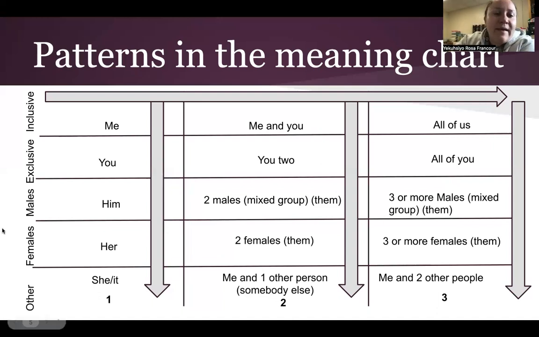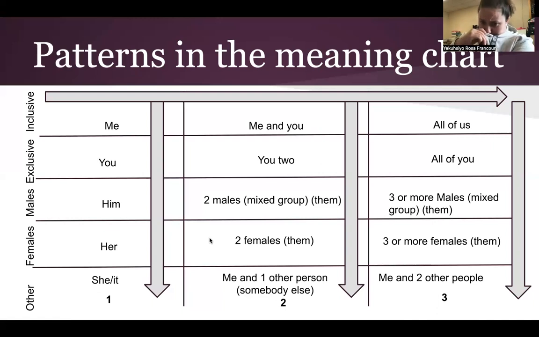The third row: him, 2 males, or a mixed group of a male and a female, or 3 or more males or a mixed group. It has to do with males. Just know in the second and third column when you're talking about males, it could possibly be a mixed group also. But when we get to the 4th row, the relationship is females, that's feminine. Her, 2 females, 3 or more females, and when we talk about 2 females or 3 or more females, it's strictly females.